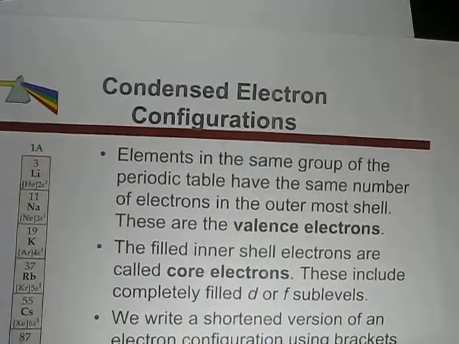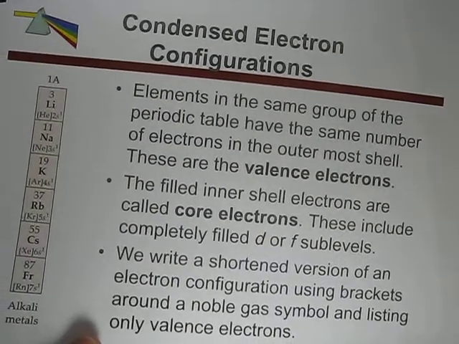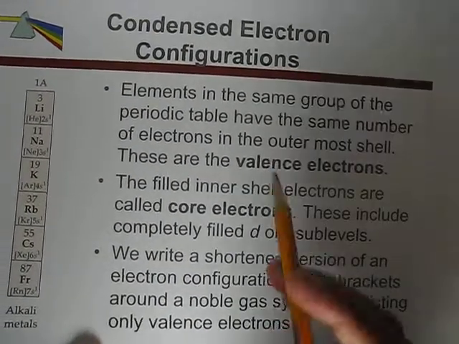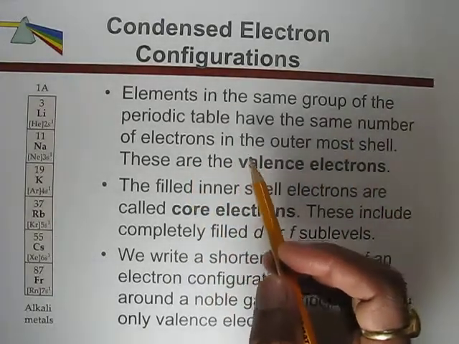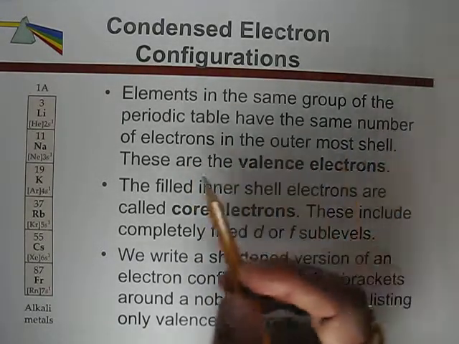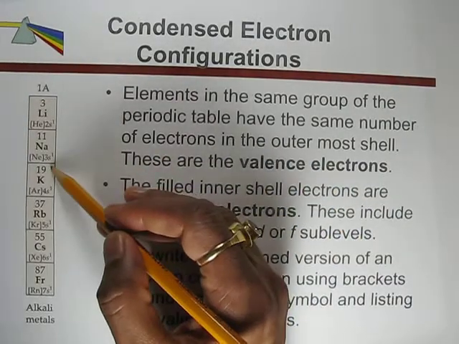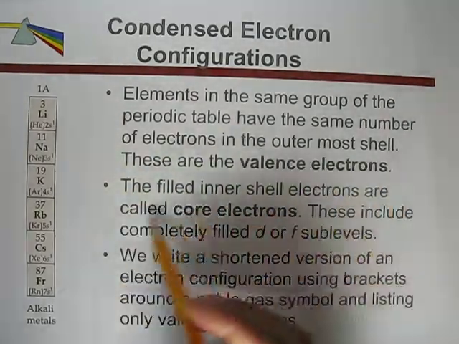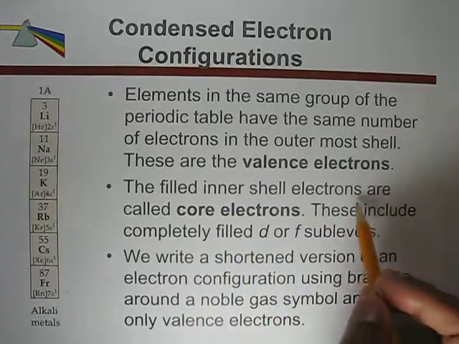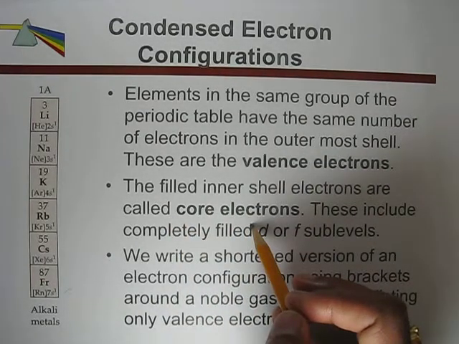The elements in the same group of the periodic table have the same number of electrons in the outermost shell. So these are called valence electrons. Here the valence electron is shown like this, and the filled inner shell electrons are called core electrons.